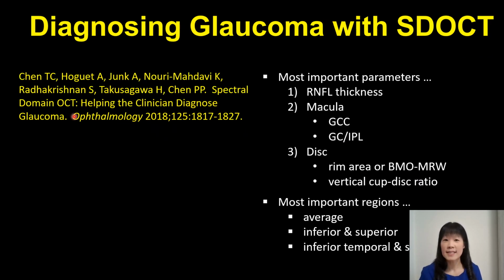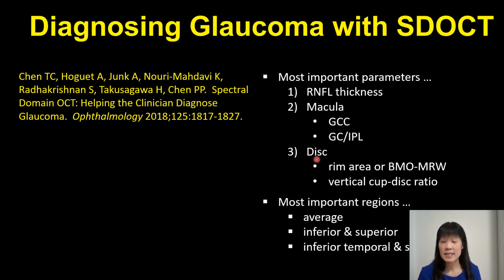So to summarize this entire review article, the most important parameters in the clinic that you should focus on are nerve fiber layer thickness or thinning with glaucoma, macular thinning, either of the GCC complex or the GCIPL complex, or if you have the Spectralis machine, the total retinal thickness.